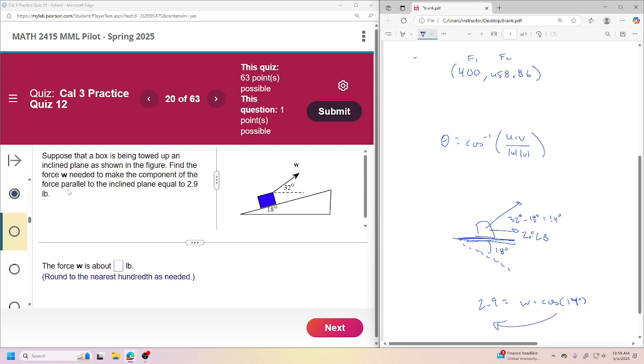I think that's what we do. Yes? Yeah. I'm looking at you, bro, because you could teach this class. It's the small things like that whole parallel to the plane. And so that would be your x component, thus cosine.